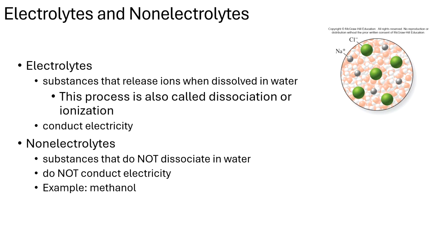So the substance, when it breaks up into ions when it's dissolved in water, this process is sometimes called ionization, or it's called dissociation. And non-electrolytes do not do this. So if you take, for example, ethanol, that's grain alcohol, or methanol, which is like wood alcohol, these are non-electrolytes. They're molecular substances, and they don't dissociate in water.